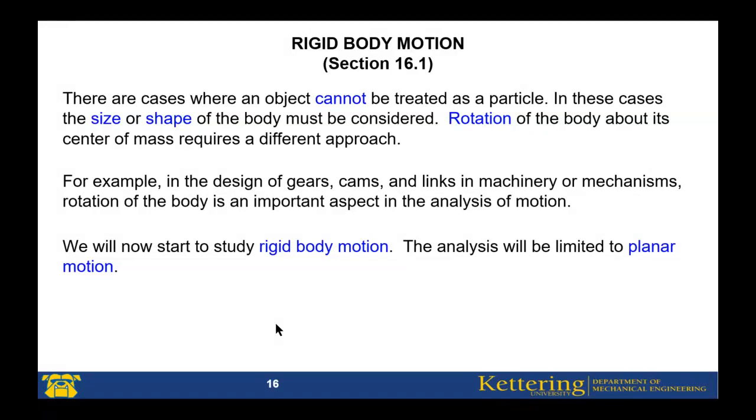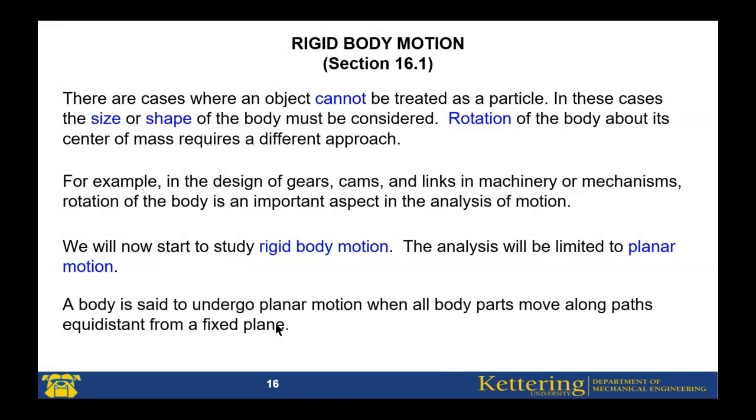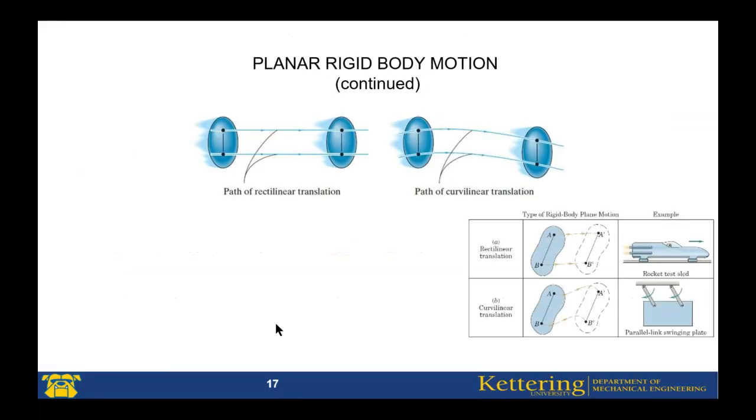For example, here the motion happens here, or here the motion happens here. We limit our course to planar motion. Then, the first type of motion for a rigid body is called a translation.